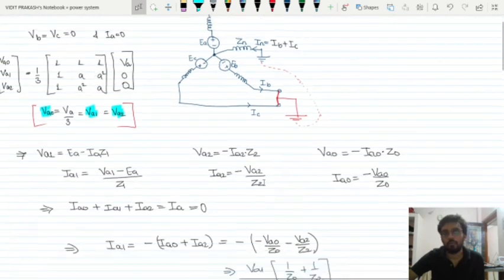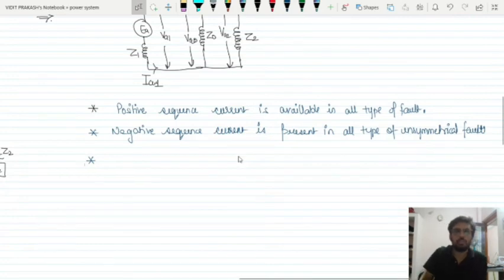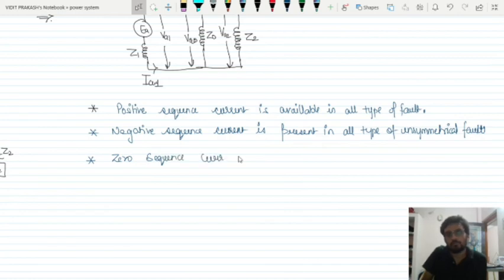So zero sequence current is present if the fault involves ground.